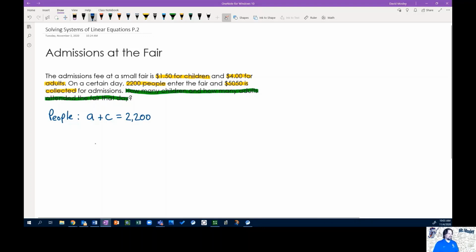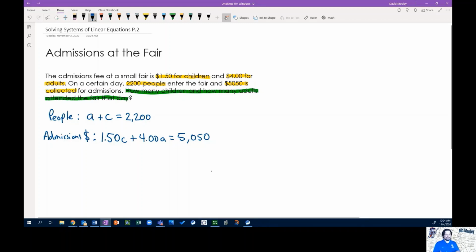The other one is for the admissions, the money they made, the dollars. In that case, we have $1.50 for children plus $4 for each adult, and that equals 5,050.